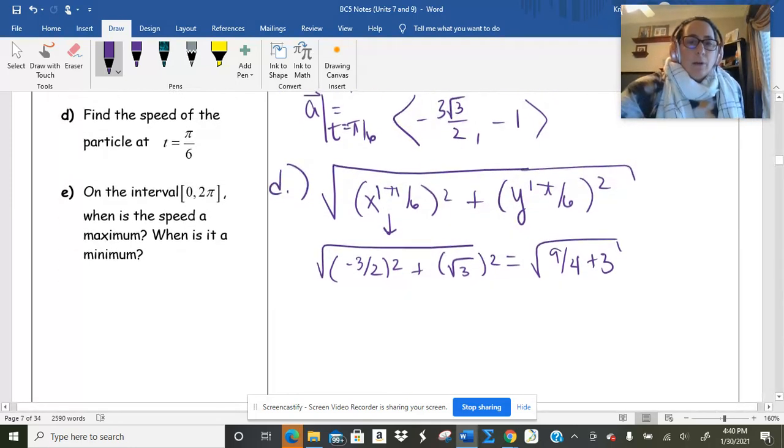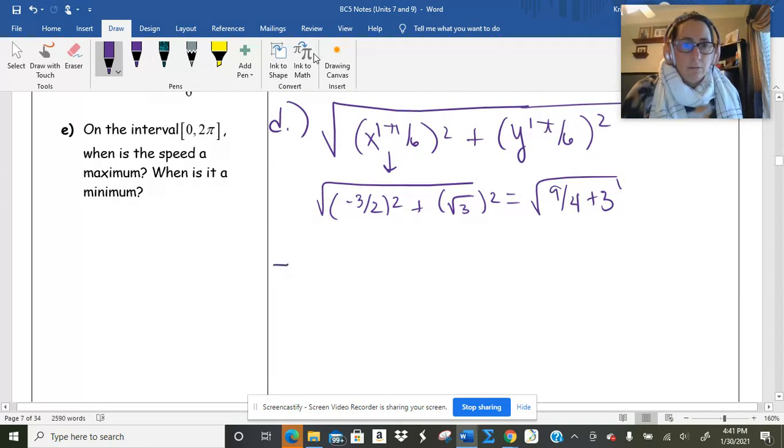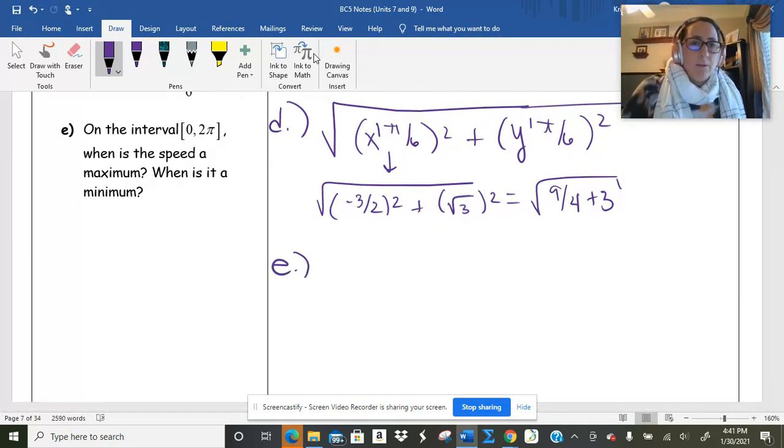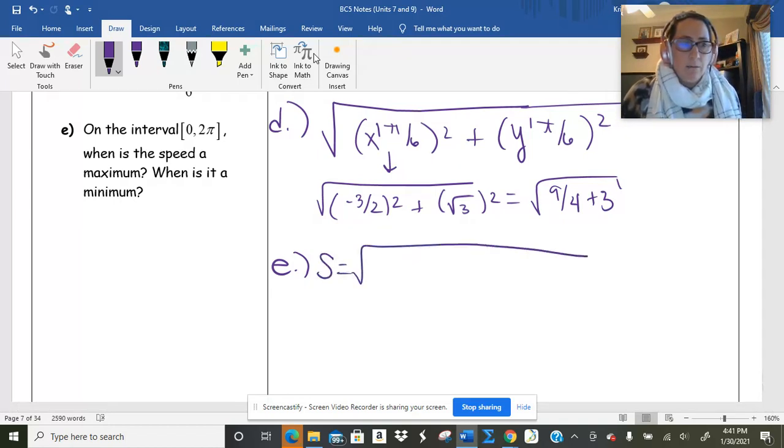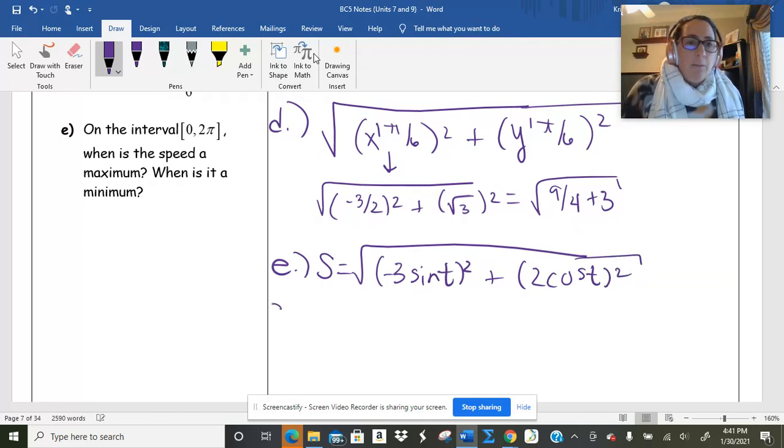Okay, part E. Here, I want to find where speed is a maximum, so I'm going to call this equation speed. The first derivative of x was negative 3 sine t, squared, plus the first derivative of y was 2 cosine t, squared. Now I'm going to find a maximum and then a minimum, so I need to find my first derivative.